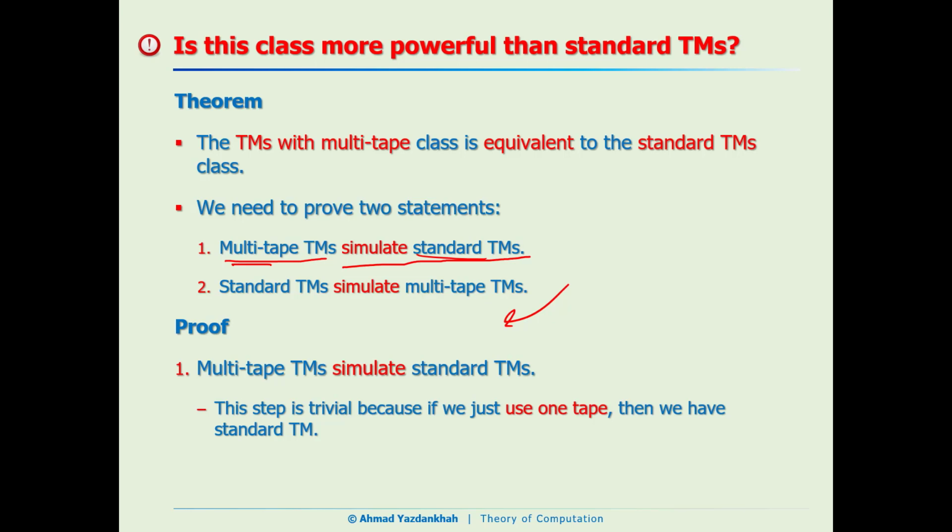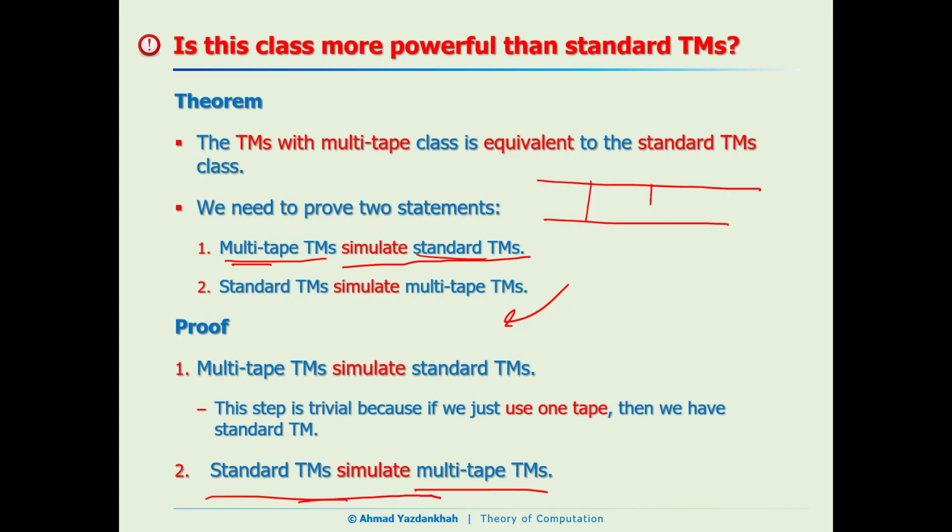But for the other way around, simulating multi-tape with the standard Turing machine, that is always a big deal. We need to work on that, and this simulation is possible. We need to put the second tape somewhere here on the standard tape. For example, we can assign this portion to, let's say, tape number 2.